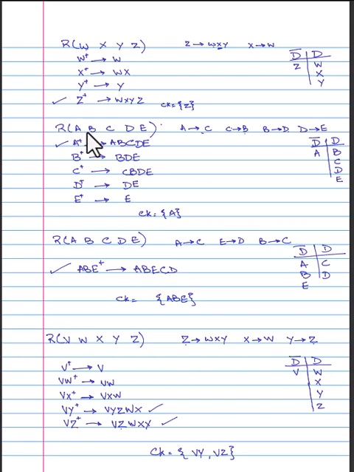This is another example. R is defined over A, B, C, D, E. These are the relations: A identifies C, C identifies B, B identifies D, D identifies E. So A identifies A from the reflexive property. A also identifies C, C identifies B, so A will identify A, C, B, D, and E. So A identifies A, B, C, D, E. This means there is no need to take other closures.